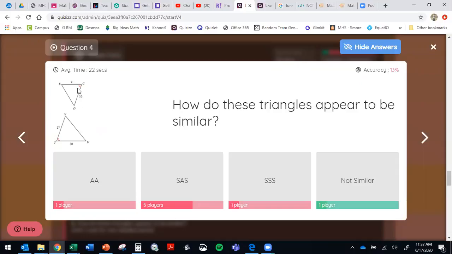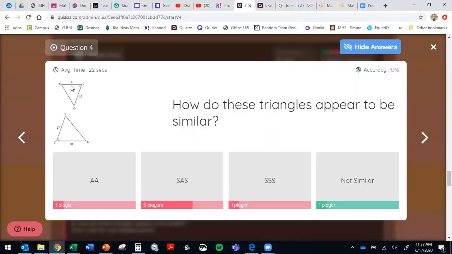This one's a little bit tricky because what they did is notice that we've got the angle here. So if we took that angle C and matched it up, it would go right here, and then the line that's this direction is 30, but on this one it's 9.